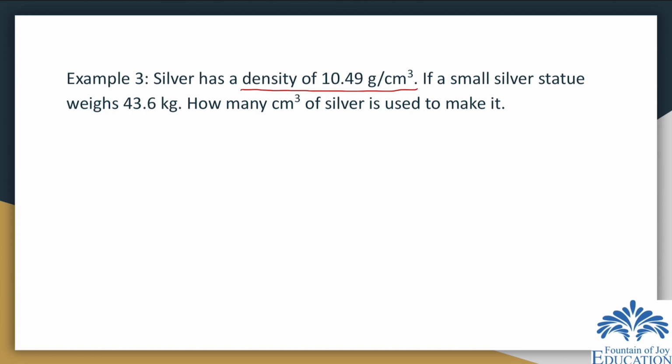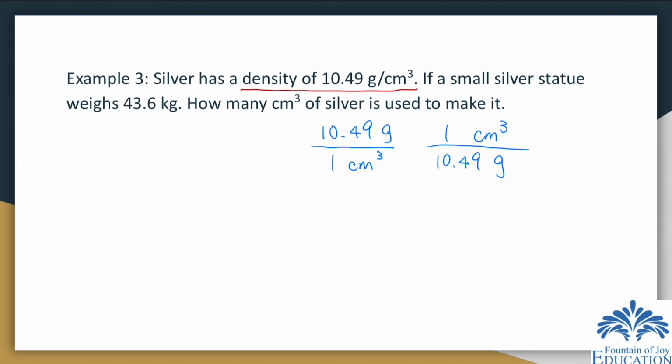We can write this as 10.49 gram over 1 cubic centimeter. Or we can write it the other way around, having 1 cubic centimeter in the numerator and 10.49 gram of silver in the denominator.